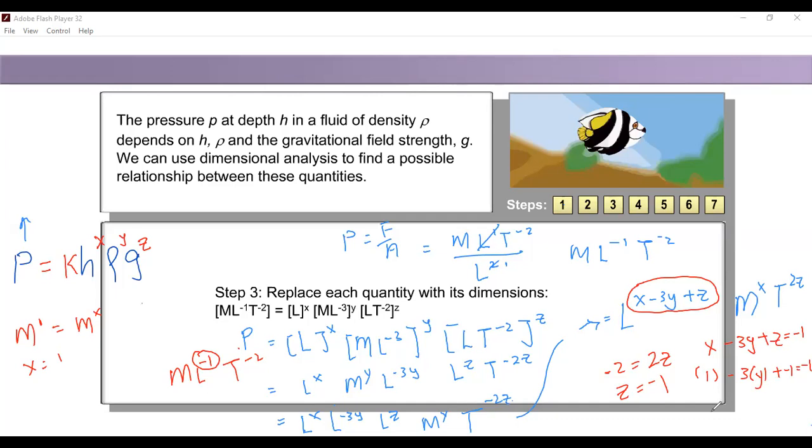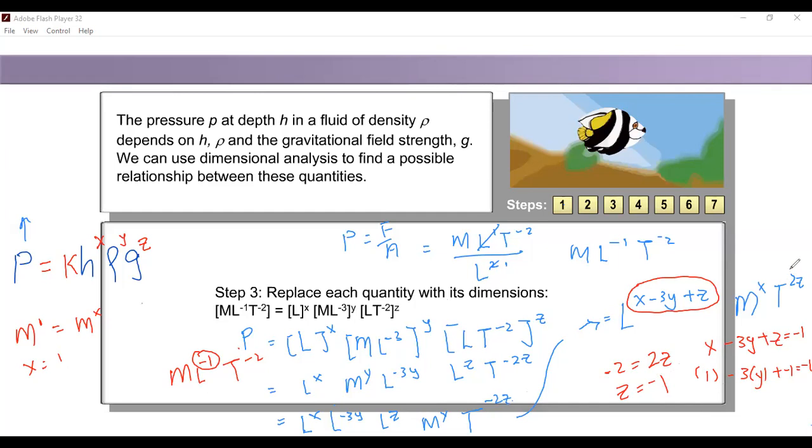Okay. So that means that Z, let me see. Where is the Z? Z is negative 1. 2Z is equal to negative 2. Okay, here will be negative 2Z. MLT, T negative 2Z.